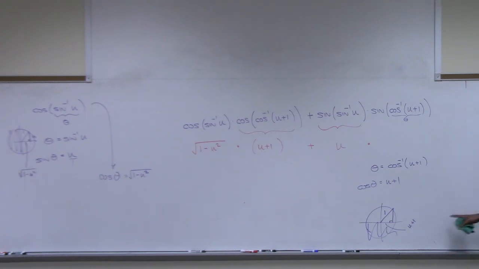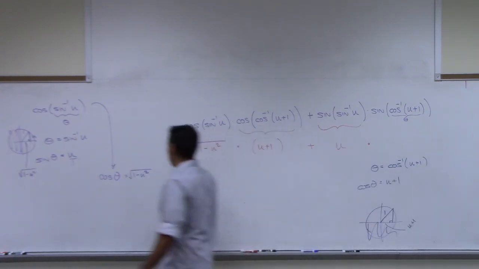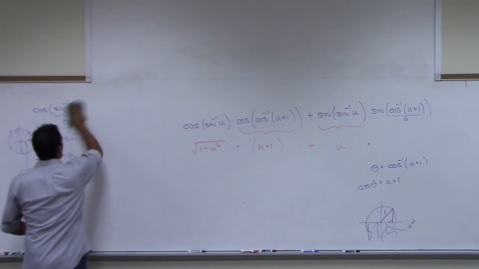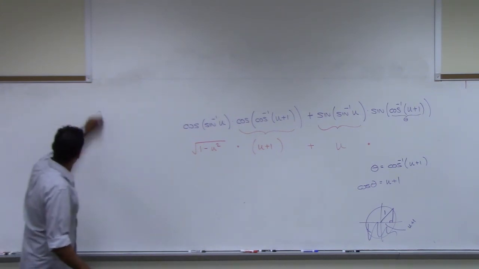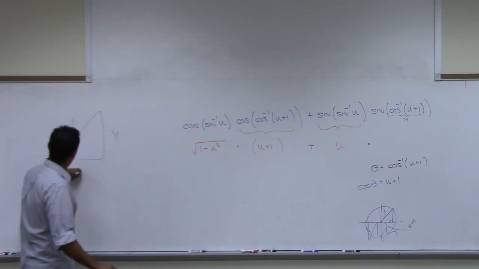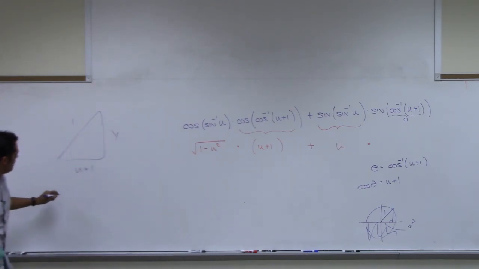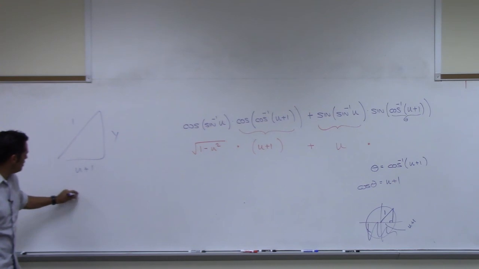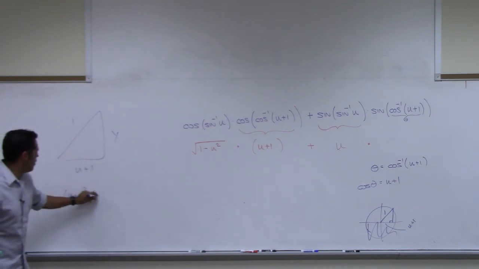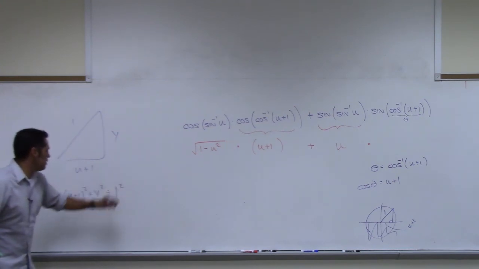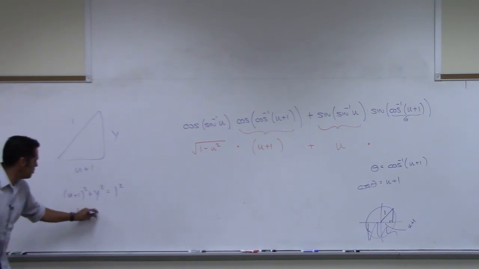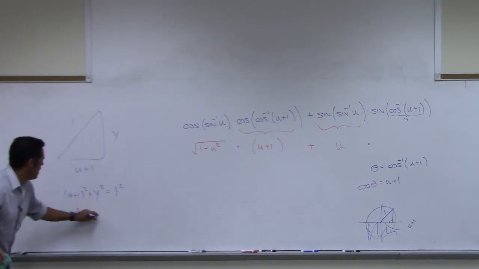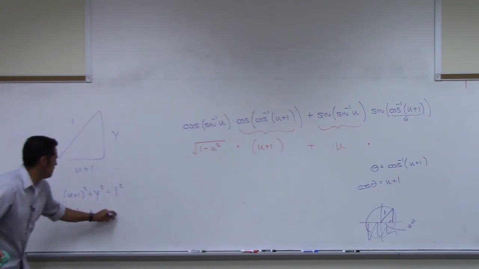So this is a little tricky. I'm going to do this one a little bit slower. We're interested in that y coordinate off that triangle. So if I do Pythagorean, I have (u plus 1) squared plus y squared equals 1 squared. If I solve that for y squared, 1 squared is 1, minus (u plus 1) squared.